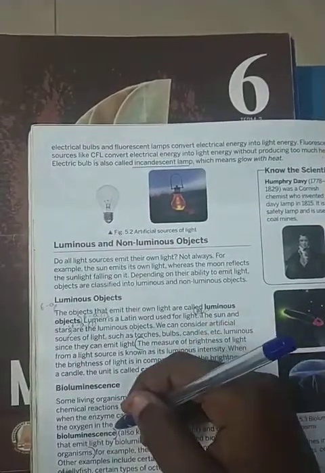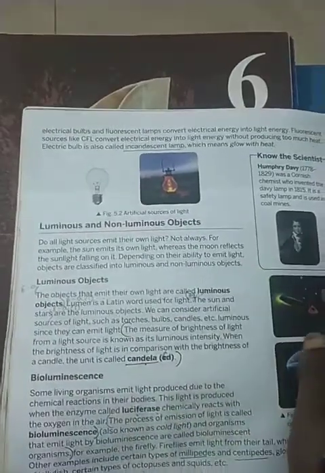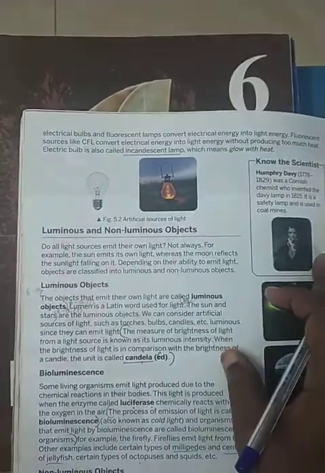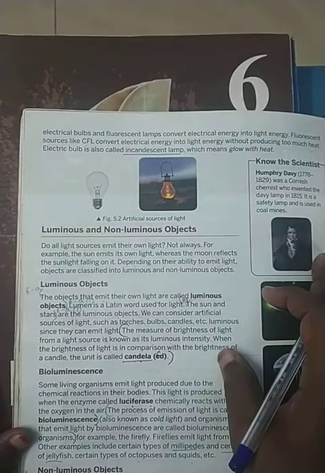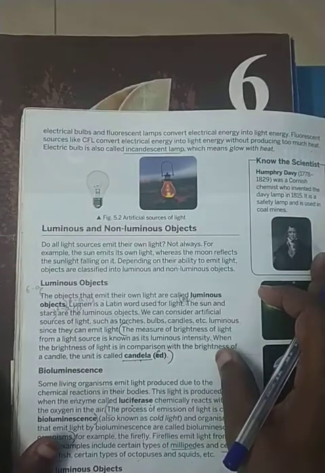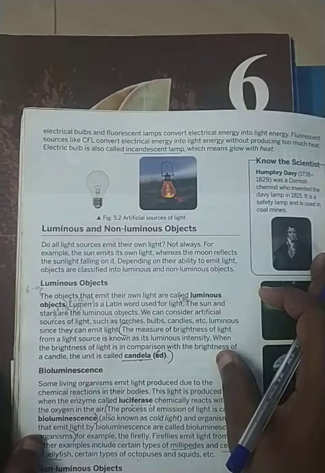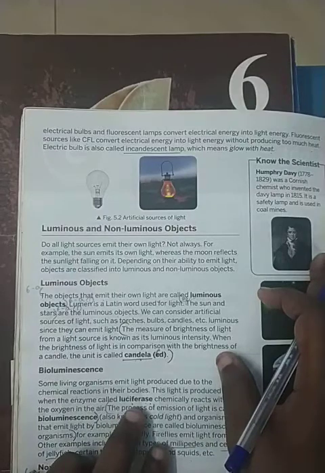And what is meant by bioluminescence? The organisms which can emit light because of some chemical reactions happening in their body. That is because of the special enzyme called luciferase.